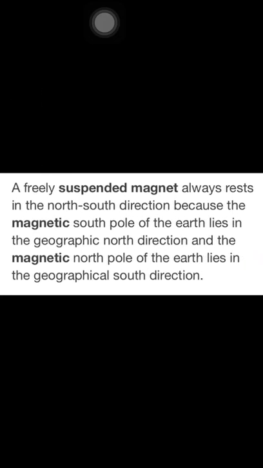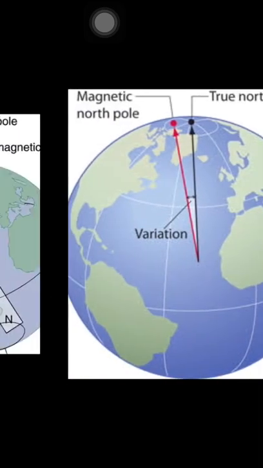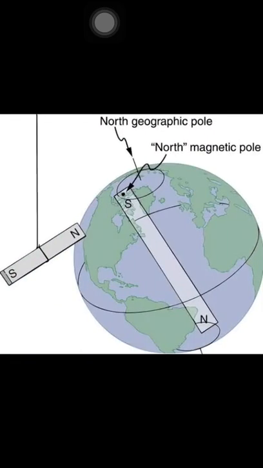Now is it clear why a freely suspended magnet comes to rest? It always rests in the north-south direction, because the magnetic south pole of the earth lies in the geographic north direction, and the magnetic north pole of the earth lies in the geographic south direction, as you can see here. Is it clear now? So that is all about attraction and repulsion.